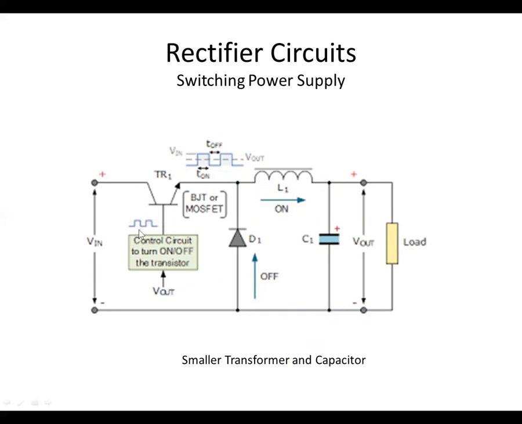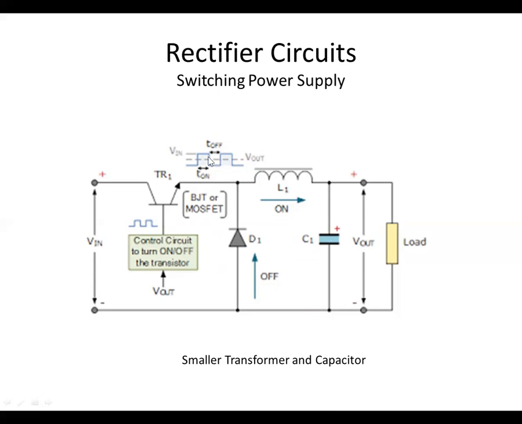It uses a bipolar junction transistor or field effect transistor that'll take the input voltage and burst on and off to maintain the output voltage. And because this frequency is generally higher than the 60 hertz, you don't need as large a capacitor as you do in the linear power supply.